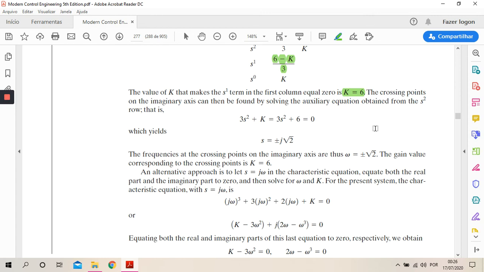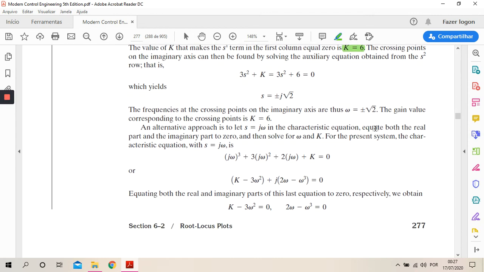And then we find solutions for this equation as s equal to plus minus j times the square root of 2. The frequencies at the corresponding points on the imaginary axis are thus w equal to plus minus the square root of 2. The gain value corresponding to the crossing points is k equal to 6. So, at the crossing points on the imaginary axis, the gain is equal to 6.